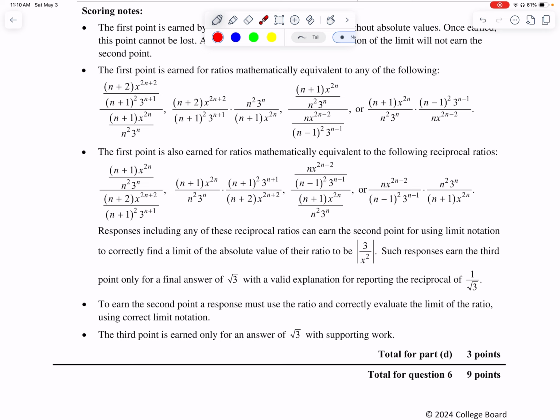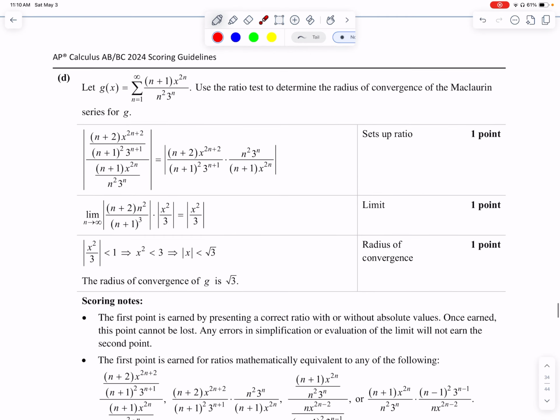Such responses earn the third point only for a final answer of the square root of 3 with a valid explanation for the reporting of the reciprocal, 1 over the square root of 3, because of course we had to multiply that square root of 3 over, right? After taking the square, we actually had to multiply the 3 over and then take the square root of that.